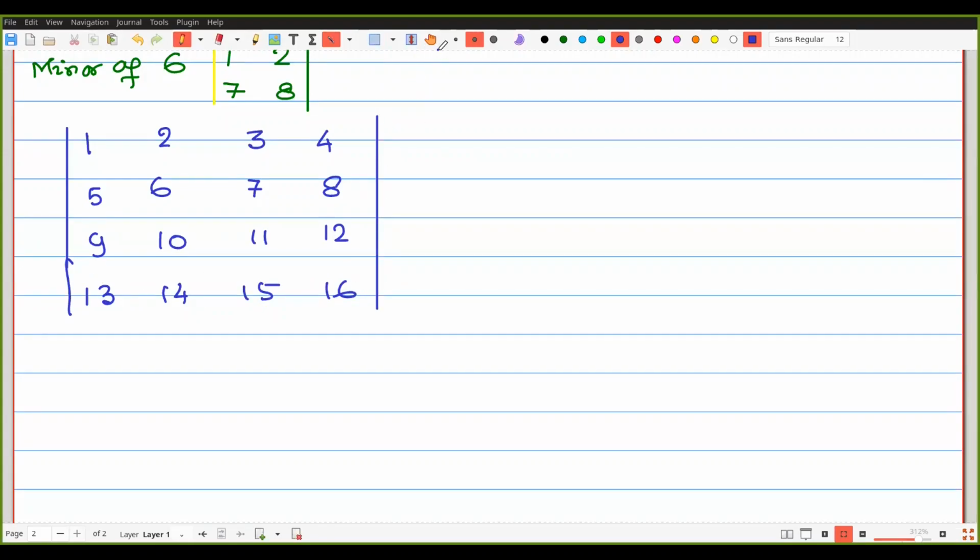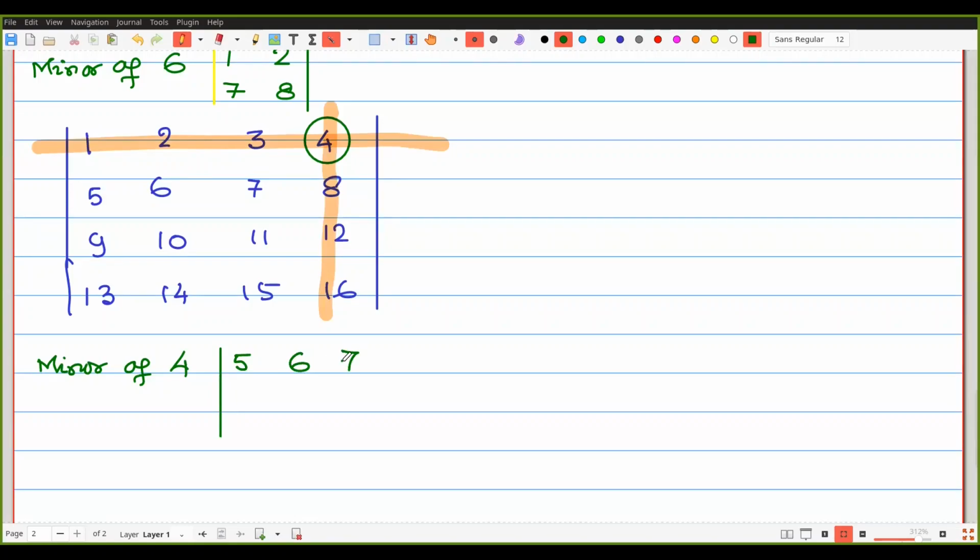Suppose we want to find the minor of the element 4. We remove its row and its column, so its minor is 5, 6, 7, 9, 10, 11, 13, 14, 15.